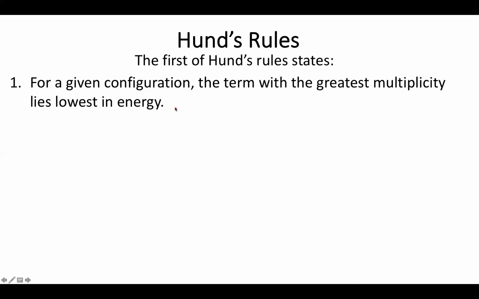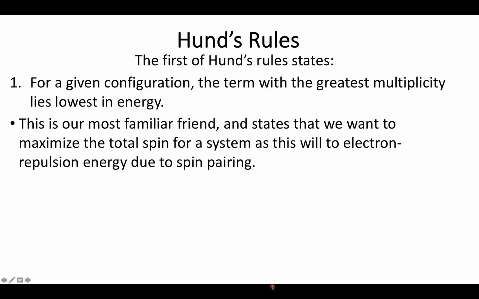This is more or less a familiar maxim in that we want to maximize our total spin, as this minimizes electron-electron repulsion due to spin pairing. Or in a rephrasing, electrons with the same spin tend to stay out of each other's way, and thus they'll hate each other a little bit less.